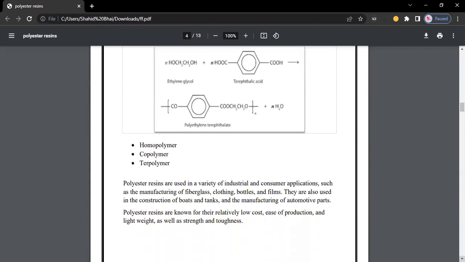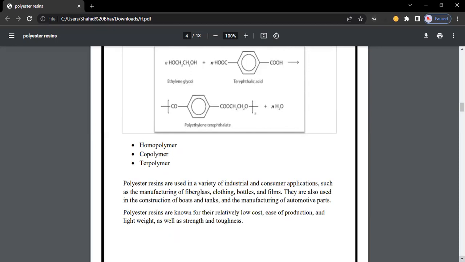We classify them as homopolymers, copolymers and terpolymers. Homo means the same. When the same monomers combine to form the polymer, that is called a homopolymer. Examples are vinyl acetate or vinyl chloride.